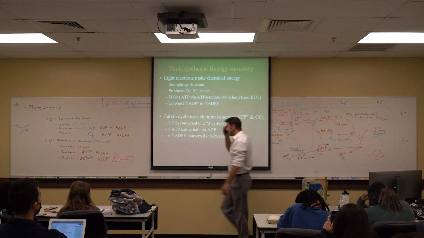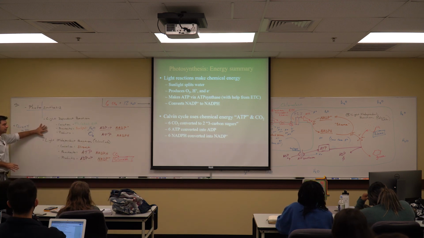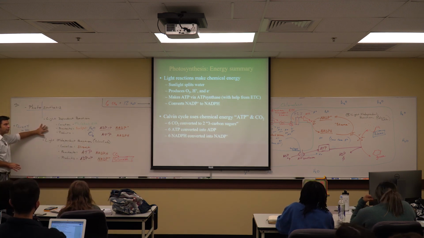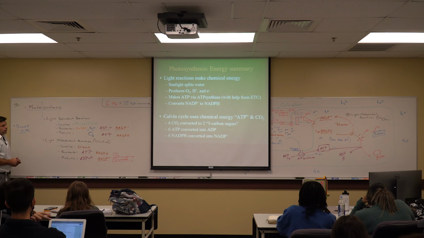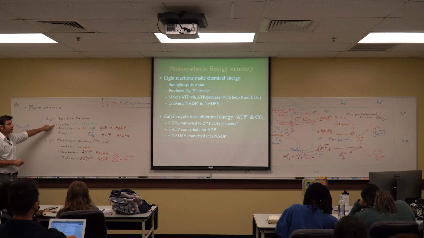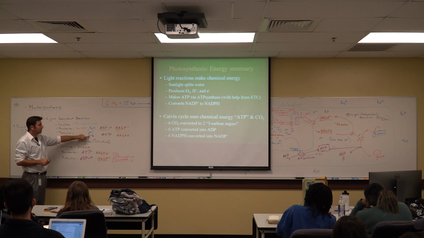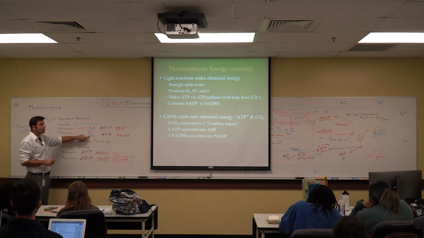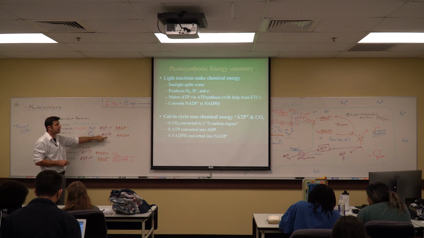Because this was my attempt, at least on the PowerPoint slide, to write down all of the reactants and the products of both the light-dependent reaction and the light-independent reaction. We can see sunlight splits a water molecule, and it's the splitting of that water molecule that produces the oxygen gas that diffuses out, releases those hydrogen ions and electrons that are going to go into the electron transport chains or flow across that ATP synthase.